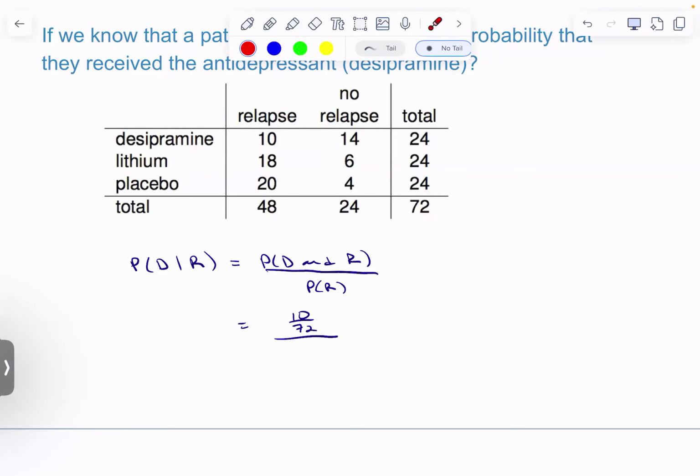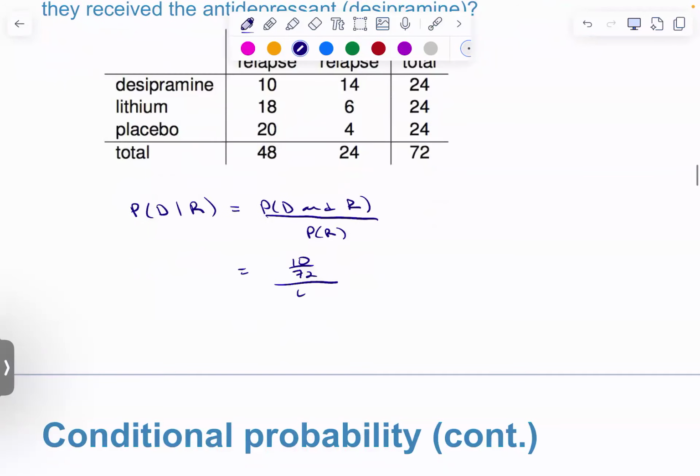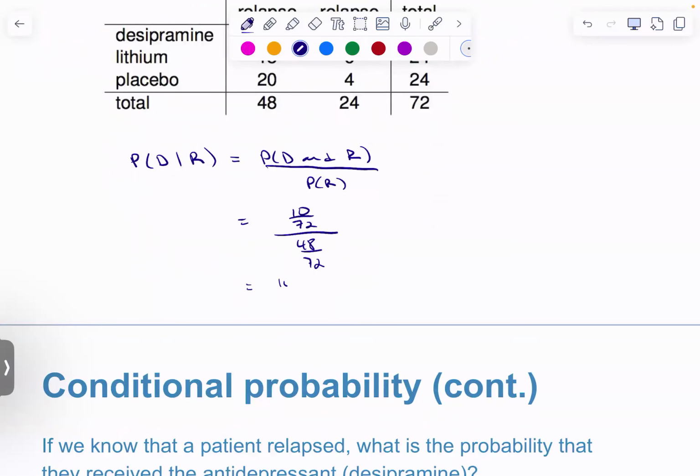Once you flip and multiply, it's very similar to what we just saw: 10 over 72 times 72 over 48. Then you cancel these 72s, and you're left with 10 over 48.